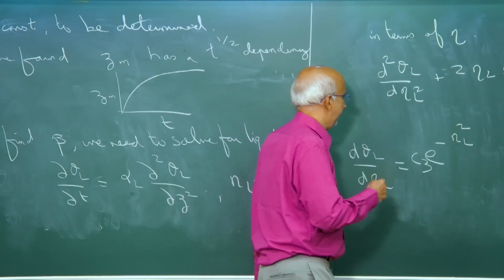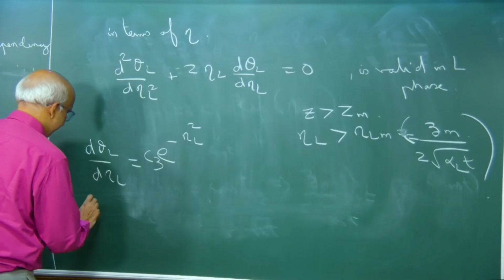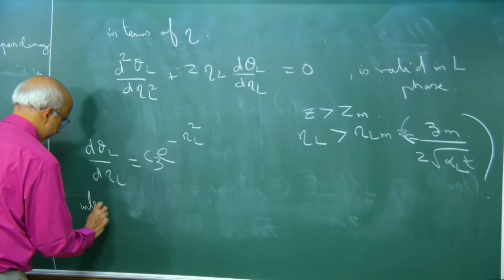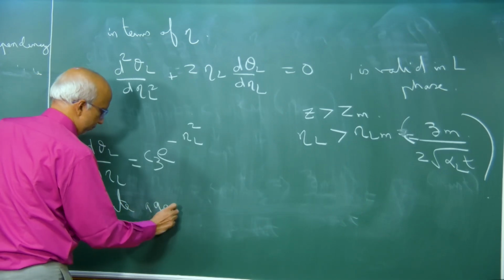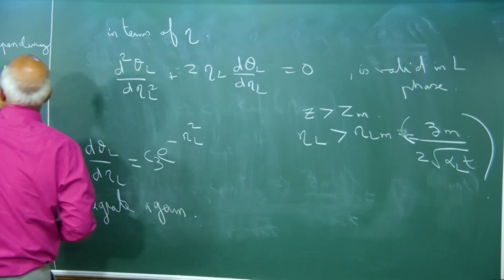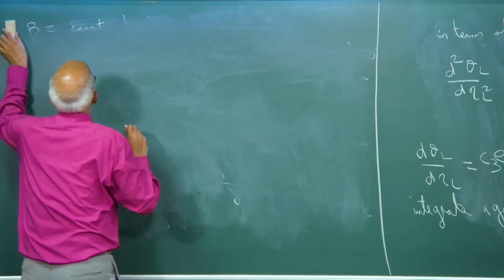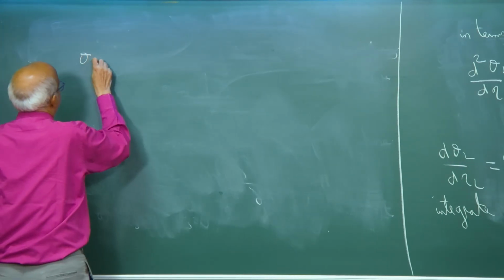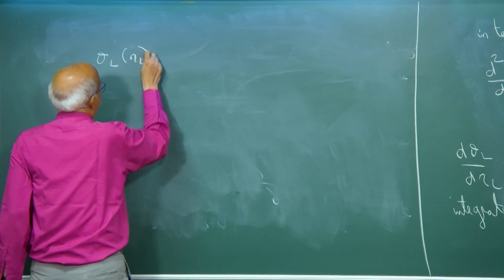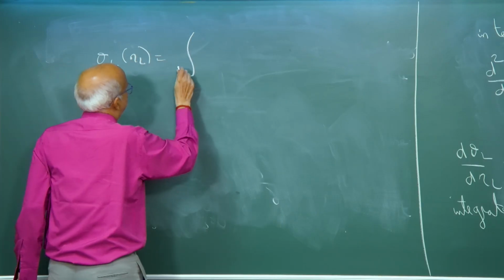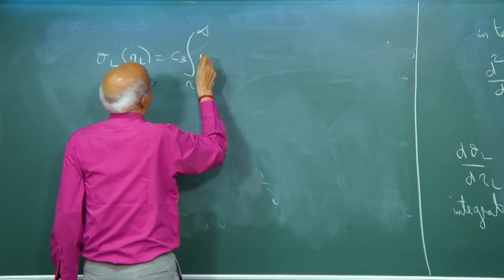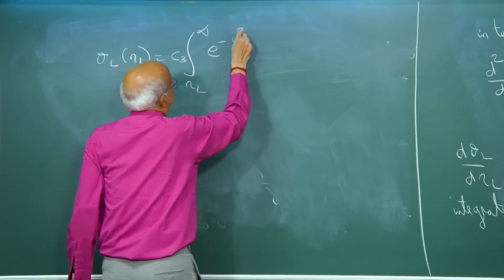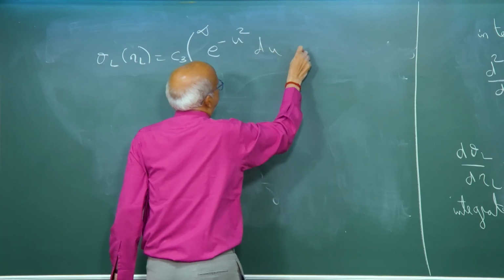And then I integrate one more time. I will use it the other way: theta L of eta L is C3 times the integral from eta L to infinity of e power minus u squared du, plus C4.